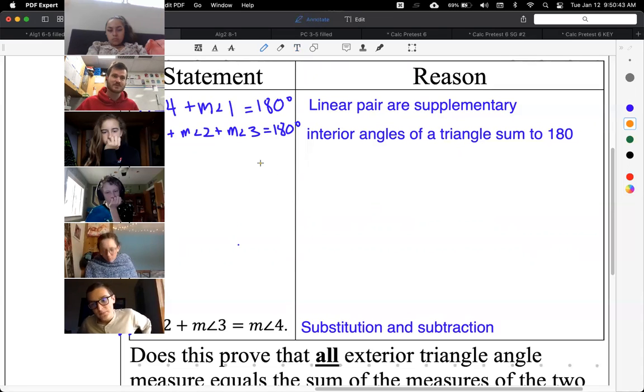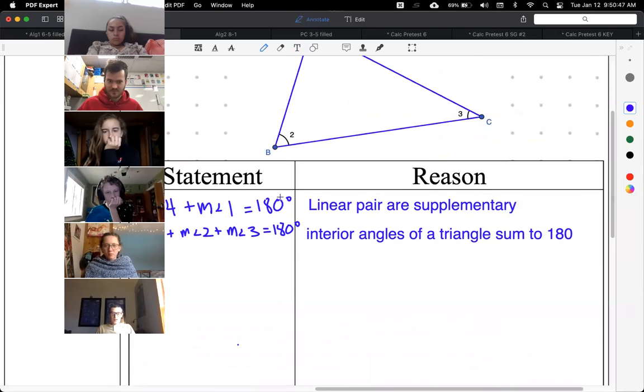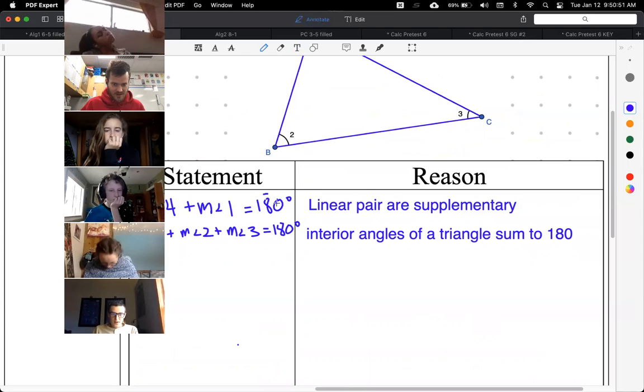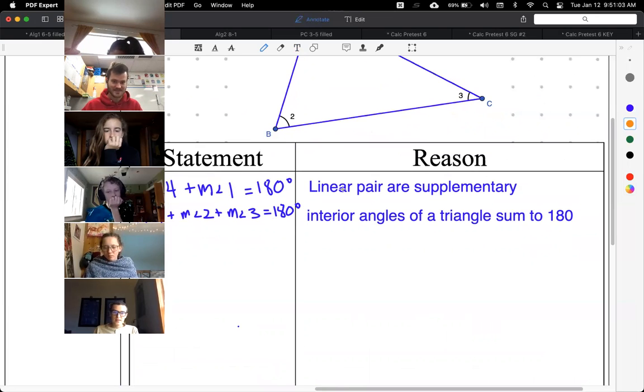Let me explain why this proof makes sense. What did Wyatt really say? He said this. If I have 180 degrees, and this is 180 degrees, I can say that this is equal to this. I'll do it in a different color. You don't have to write this in your proof because this is enough.